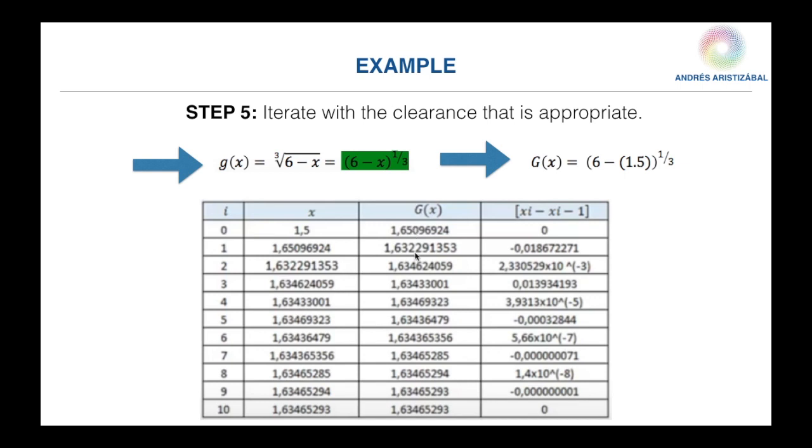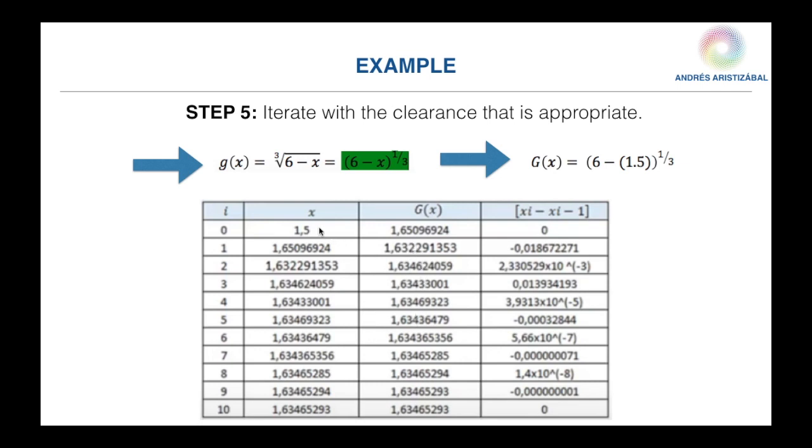Then I replace that same value 1.6509 in this equation, and we obtain the next value of 1.6322, and in that way I successively make the replacements to obtain the subsequent points.